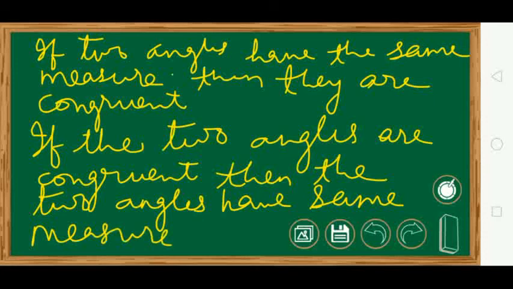See, in the first question what is written: if the two angles have the same measure, then they are congruent. We have to reverse it. First we will write whatever is there after then, that is they are congruent. So if the two angles are congruent, then they are of the same measure. So the if and then get changed. That is your converse statement.